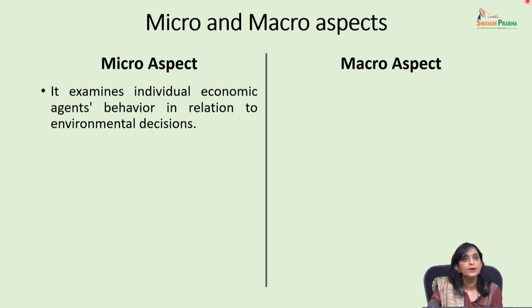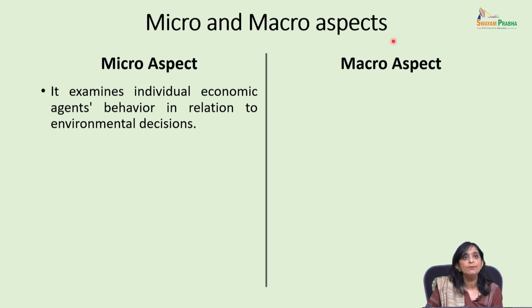What is micro? We all know microeconomics is basically examining individual agents' behavior in relation to environmental decisions. That is, how individuals are making their economic decisions with respect to the environment.